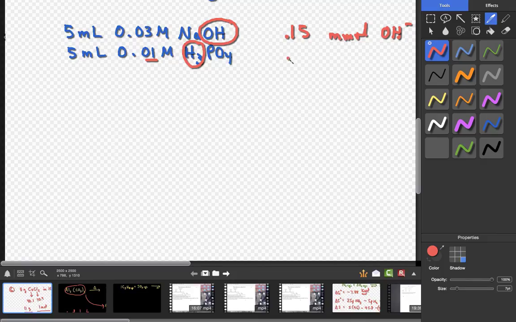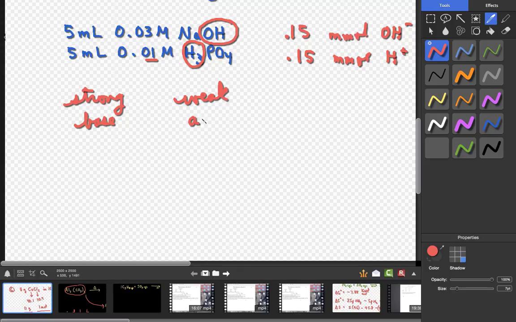At the end of the day, that's the exact same amount of millimoles of H plus. This is a strong base and a weak acid that is at the equivalence point.